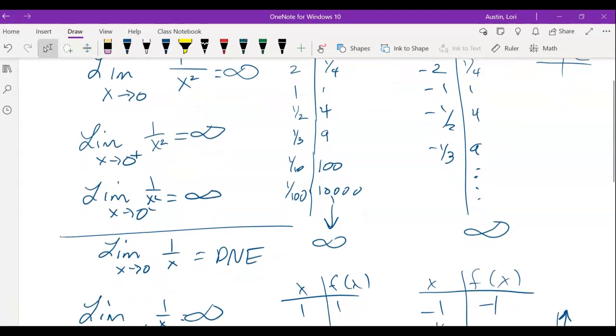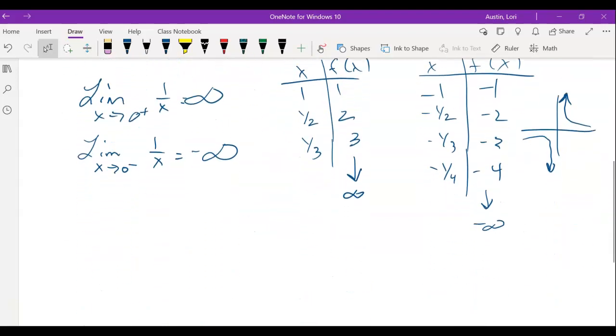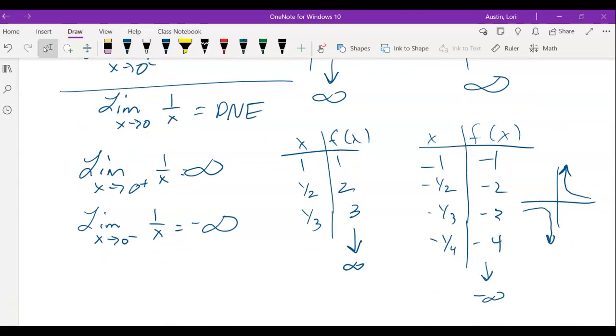But if they're both going to positive infinity or both going to negative infinity, it gives us more information to say infinity or negative infinity versus does not exist, so we use the symbols. You'll see it written different ways in your notes. Technically, it still doesn't exist, but we don't put DNE because it still gives us information about the graph. We do put DNE when they don't match up, okay?